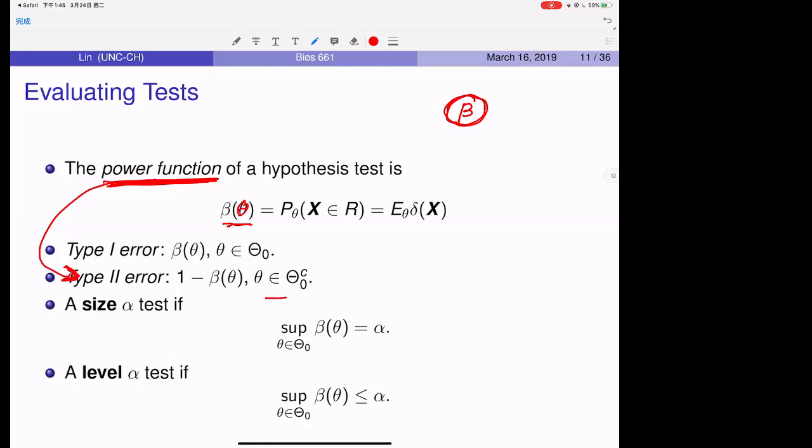Theta could be in the alternative space, H1, and different values of theta give a different power based on your testing region. So power is, under the alternative, when theta belongs to the alternative, I reject it. I do the right thing.